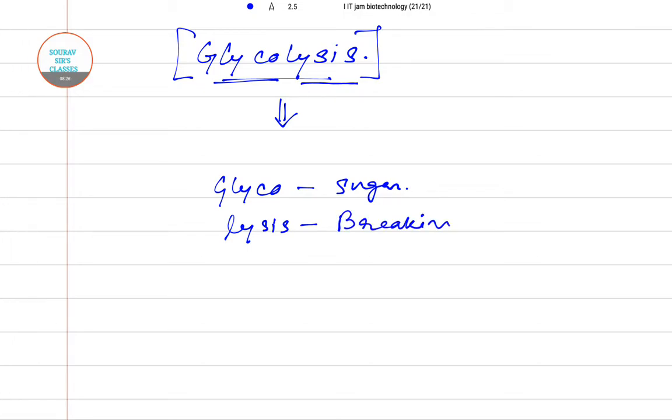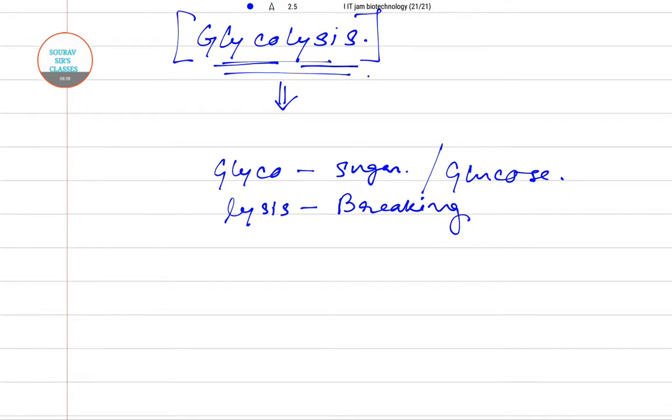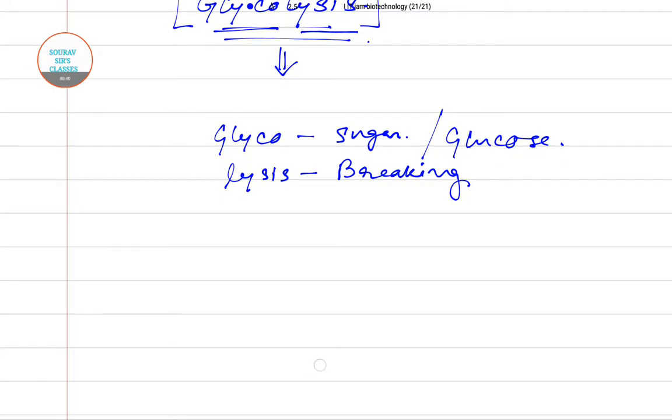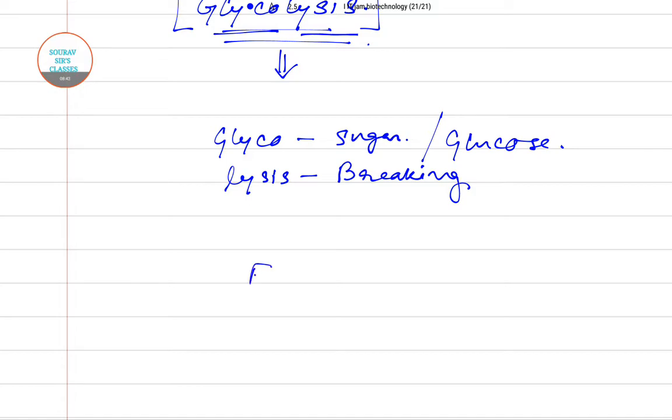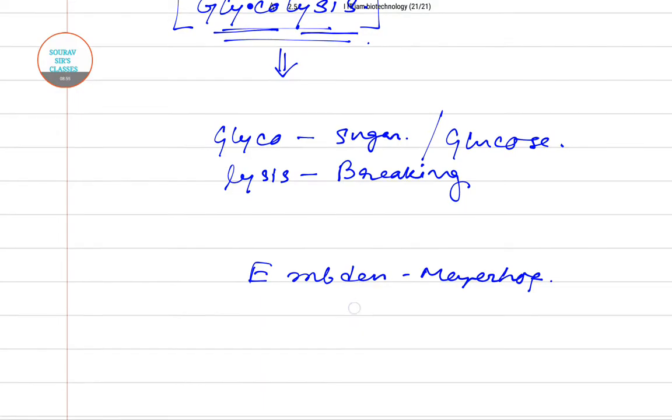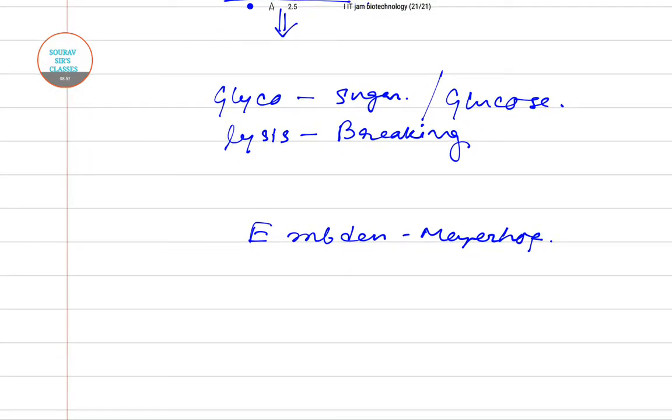So from here we can say there is a lysis of glucose. It is also known as the Embden-Meyerhof pathway, as it was discovered by Embden and Meyerhof in 1930.